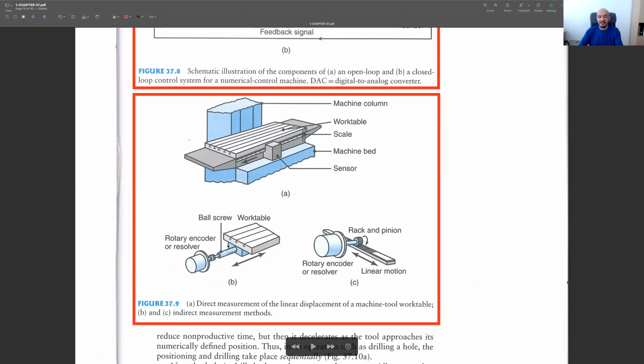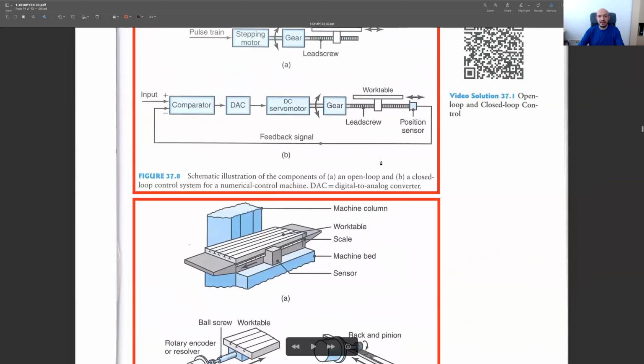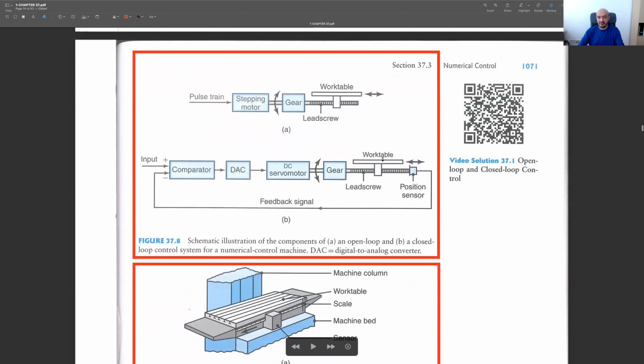And you also cannot eliminate the mechanical errors in between this measurement and the table. But if you are directly measuring the position of the table, then the mechanical errors in between are not important, since you are directly measuring the last thing, let's say, in our control system.